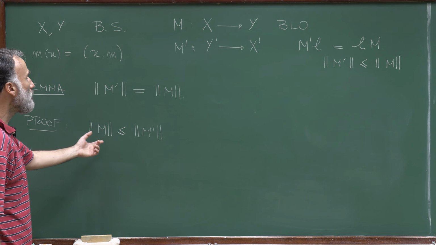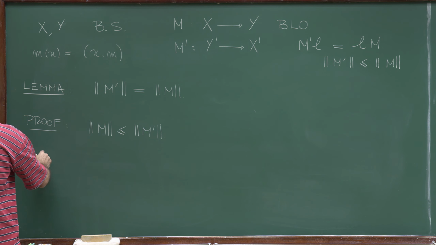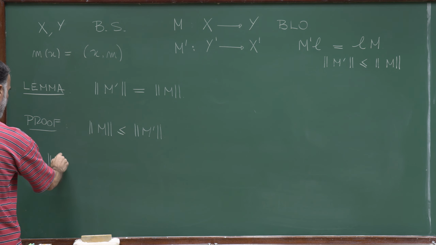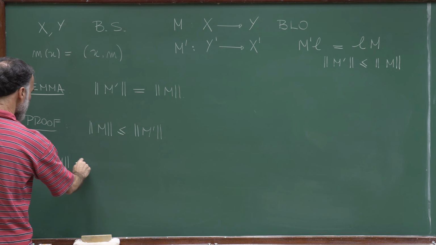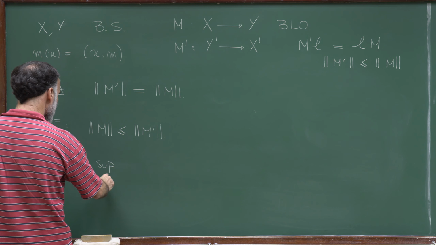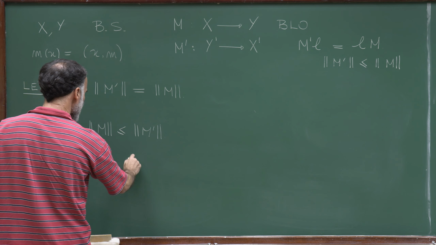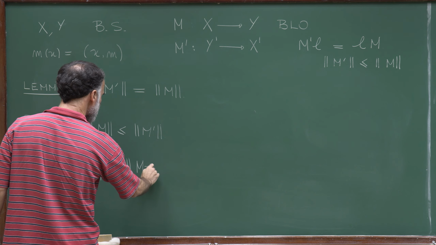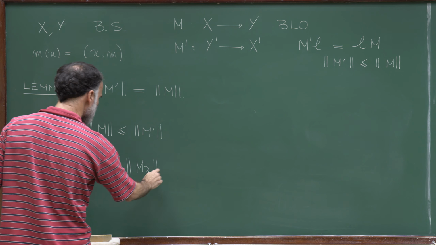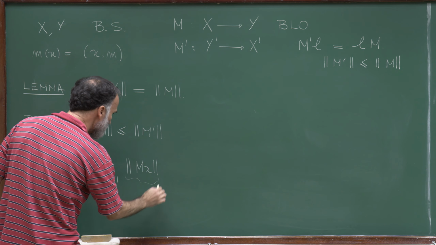So the norm of M is this operator. So by definition, the norm of M is equal to the supremum over all x with norm equal to 1 of the norm of Mx. So now let's consider this object here.